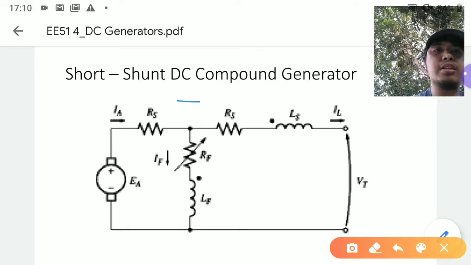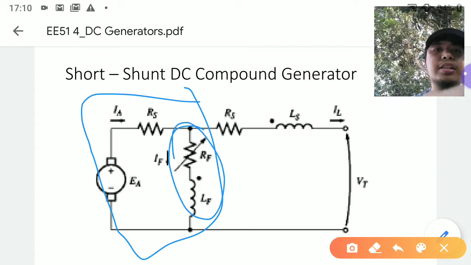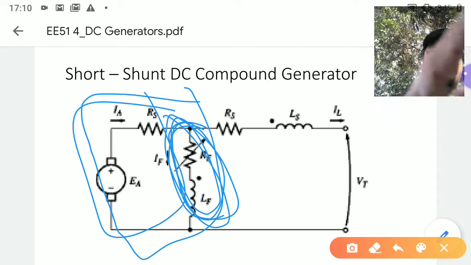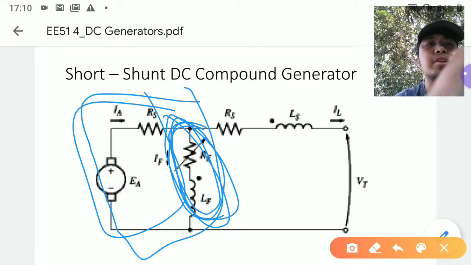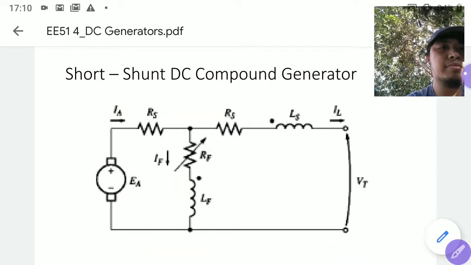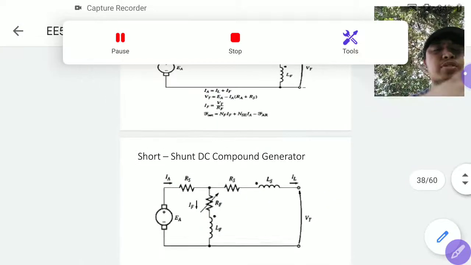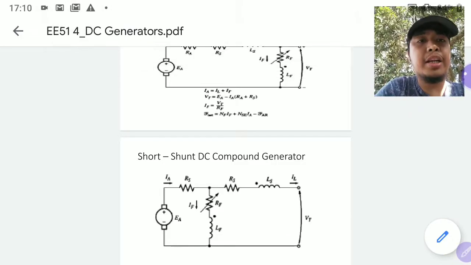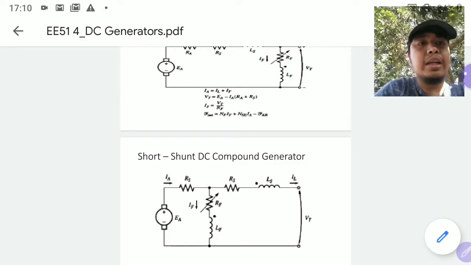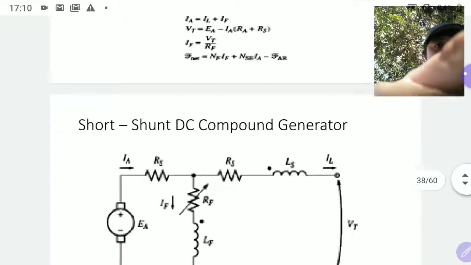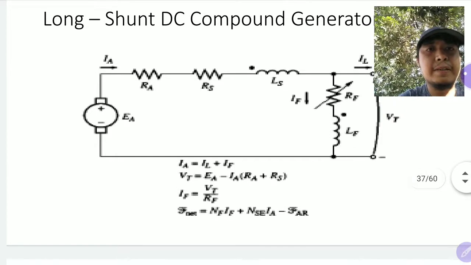So you have a shunt field, a field in parallel to the armature, and then the parallel combination of that is in series to a series field. But these are basically modifications of your series and shunt DC generator to improve the magnetic field and the voltage output.